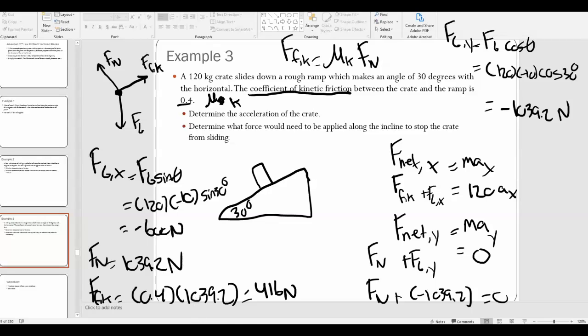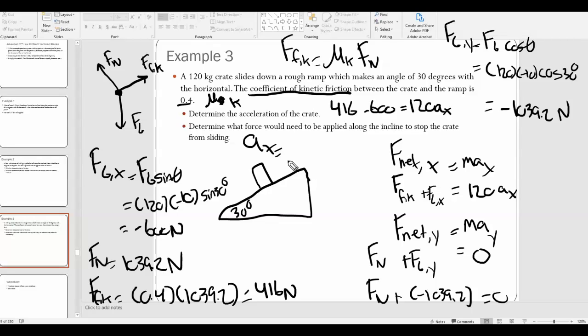Okay, so now I'm basically done. I plug in FFK, I plug in FGX, and I will do it right here because I'm running out of space. FFK was 416. FGX was negative 600 newtons. Okay, it says plus FGX, but FGX is negative. That's why I just put a minus sign there. And that's equal to 120 ax. And then it's just a little bit of algebra from there.